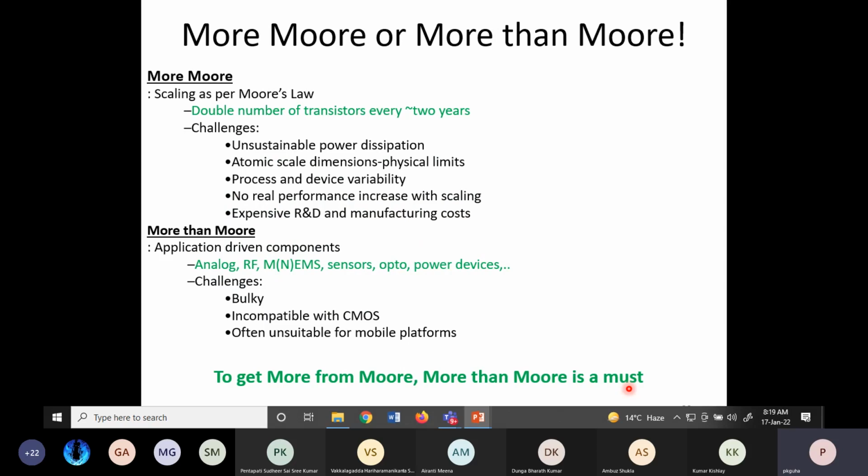As we told, More Moore is basically that every 24 months we are reducing the dimension of the MOSFET, so that's More Moore, and we have been doing that for the last 50 years or so.